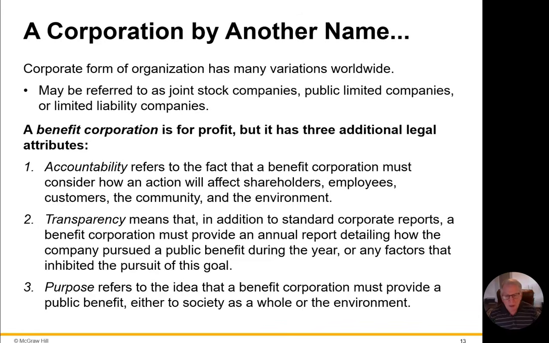So this is a little bit different, but it's pursuing a public benefit during the year, and noting factors that inhibited the pursuit of that goal, if there are any. And then three, the purpose. That refers to the idea that the benefit corporation must provide a public benefit either to society as a whole or to the environment, rather than just simply having a goal of maximizing the current value per share of existing stock.